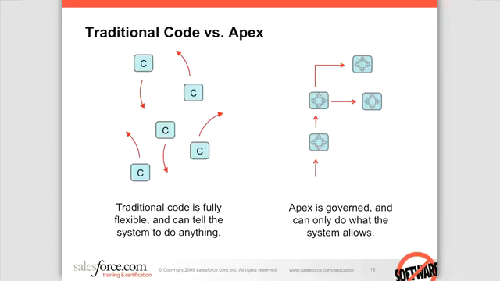So for instance, this lowest block might be a Visualforce controller. That block of code might perform a DML operation, in other words, update the database.